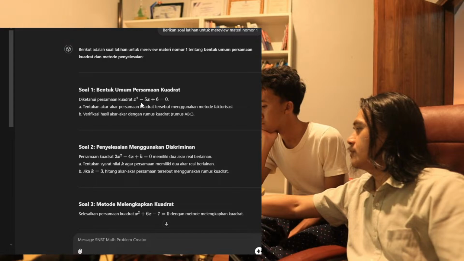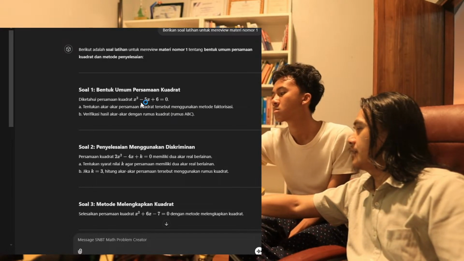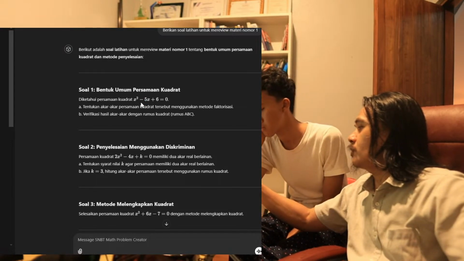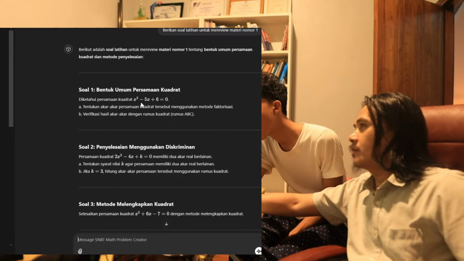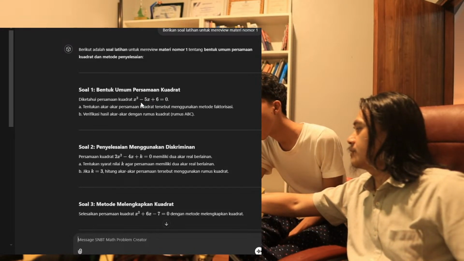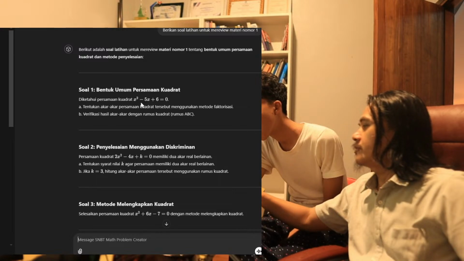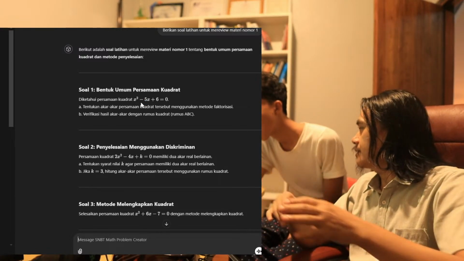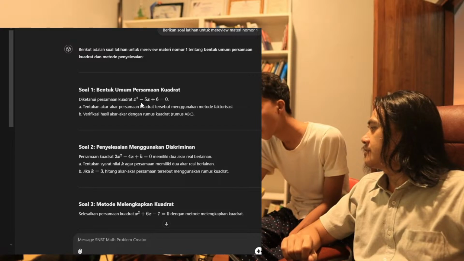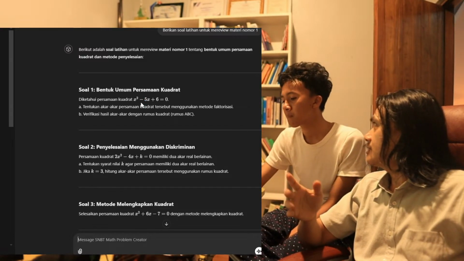Can you just use your logic only without any knowledge? What are a and b to make this equal to that? You can just play around, like expand it, compare it, or guess it.